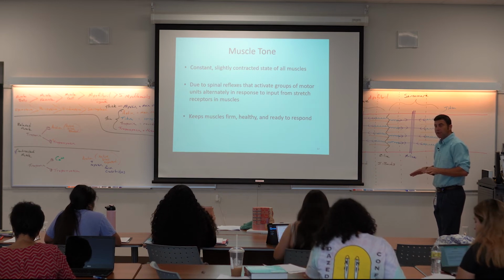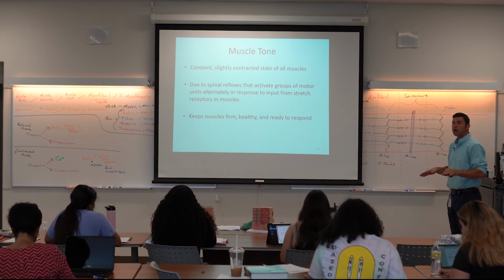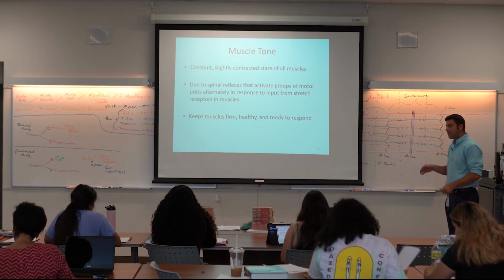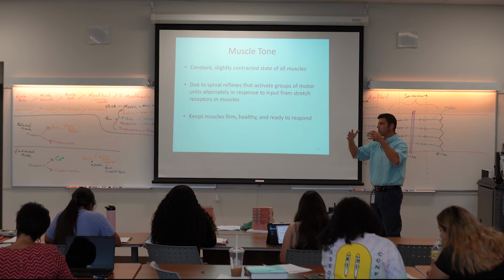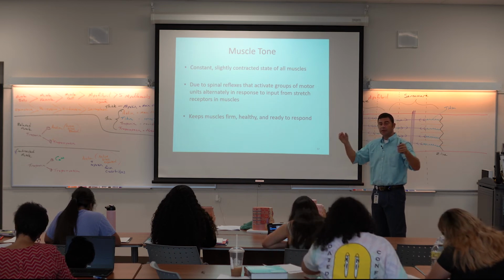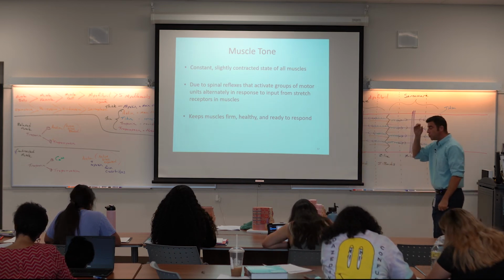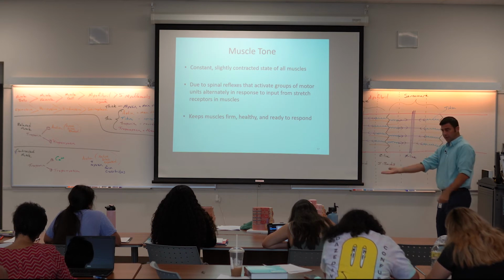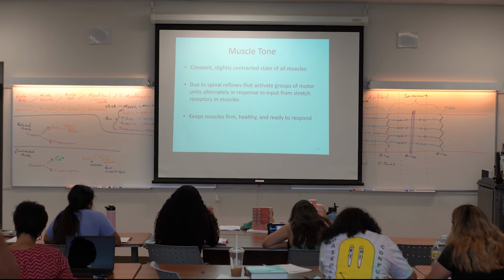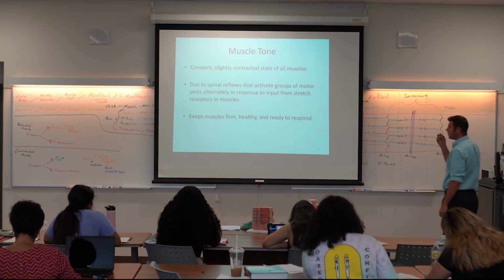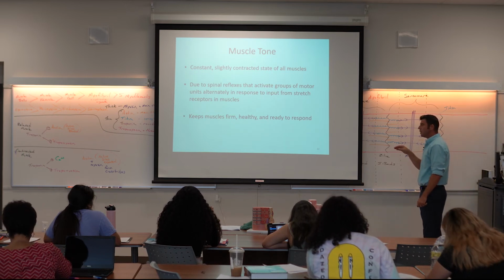A lot of it is often just to help maintain body posture and position. When people have collisions on the football field and somebody gets knocked out immediately, they lose that muscle tone, and that's why they look like a limp noodle that hits the ground. So again, slight constant contraction is what we call muscle tone.